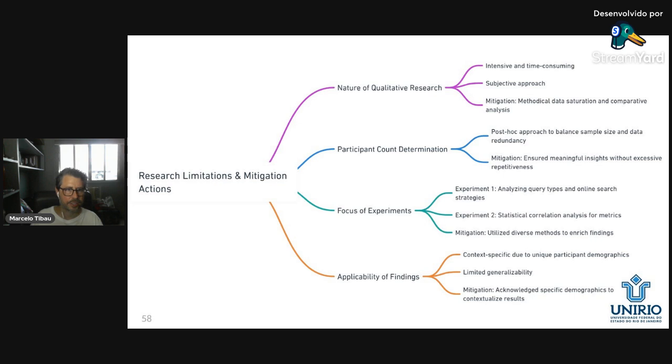Limitations and mitigation actions. This is qualitative research, meaning that there are some limitations imposed by the nature of the research. It is intensive and time consuming. Also, it has a subjective approach. To mitigate that, I applied a methodical data saturation comparative analysis process.